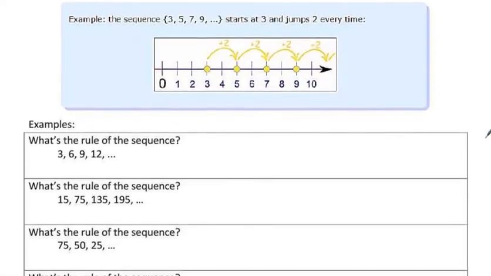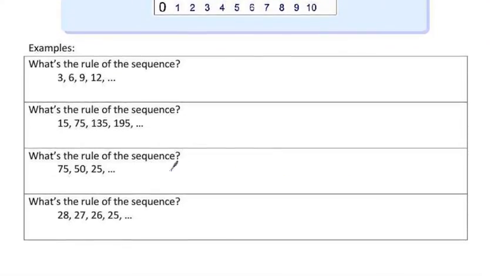So really quickly down here at these examples, it says, what is the rule to the sequence? Well, if we look at this sequence here, we have 3, 6, 9, 12. And you can either see that you're counting by threes, or you could think, okay, well, these numbers are getting bigger.